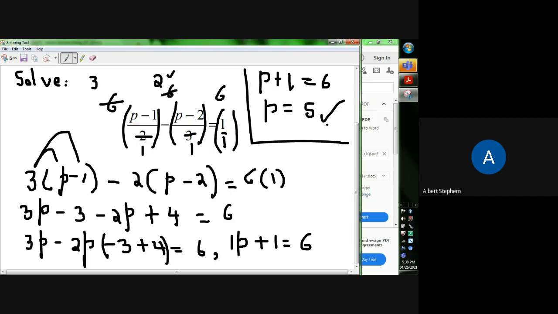Let me give you a minute to take that down. Can I explain the last two final steps? Just to make P turn 5. You want P, right?